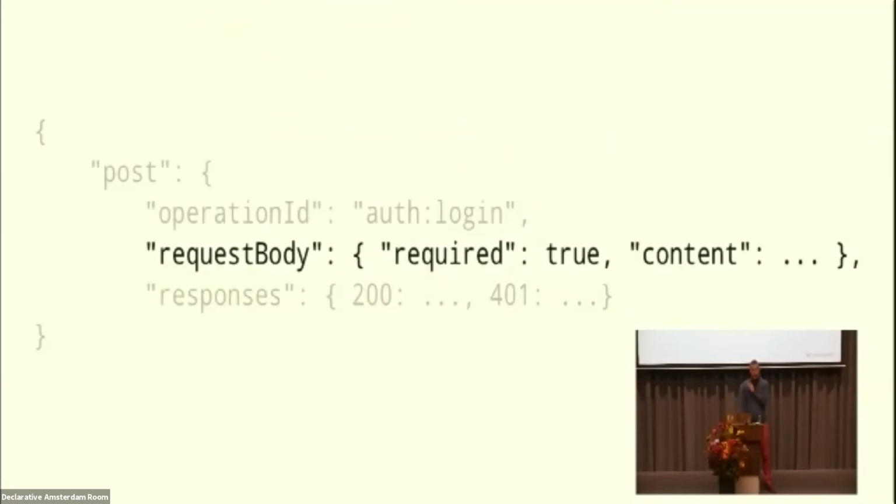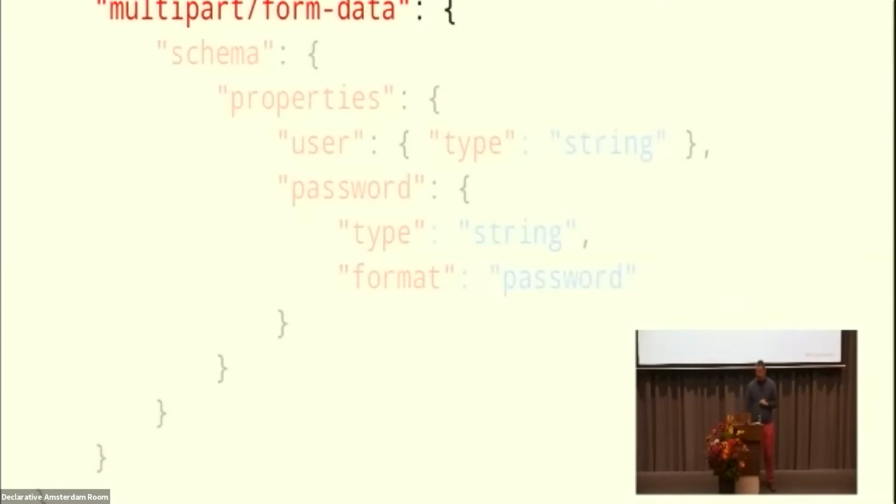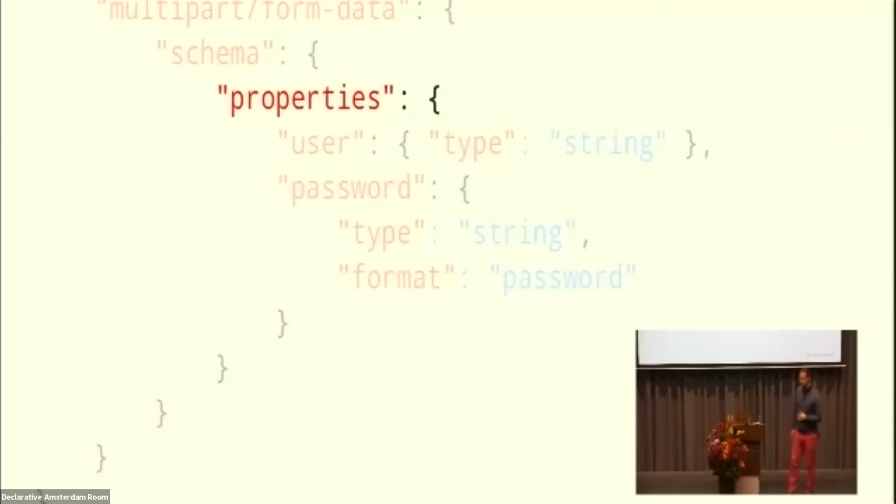The next slide is the request body in more detail, the contents of it. So it describes what kind of encoding it uses, or the media type, and also a schema for it, and which properties it has. So this is an easier way of providing that information, but the latest spec, the 3.1.0, also now has built-in JSON schema.